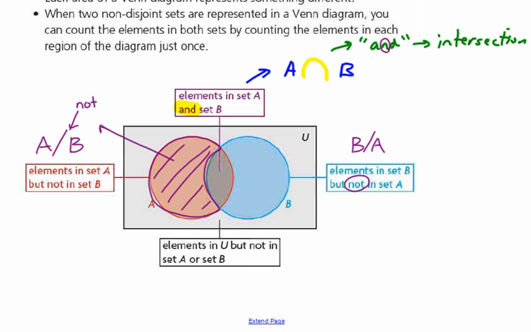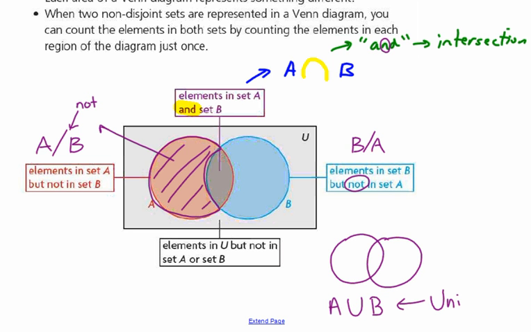If it's or, the union, so if it's everything, that's when it's A or B. So that's the union. And union looks like the letter U. Okay, and that would be both of them. So if I highlighted A or B, that would be all of A and all of B. Okay, that's A or B. So that's called union.